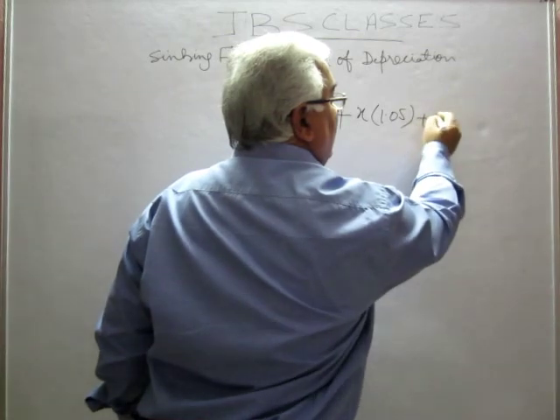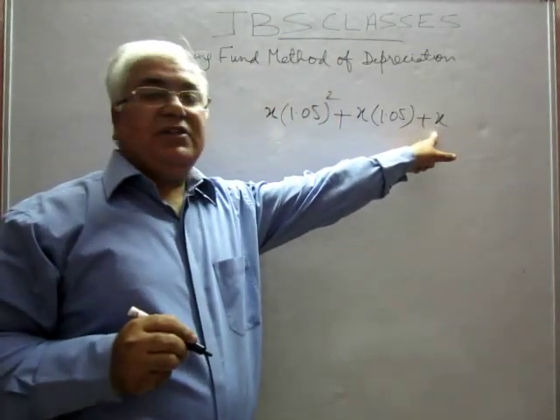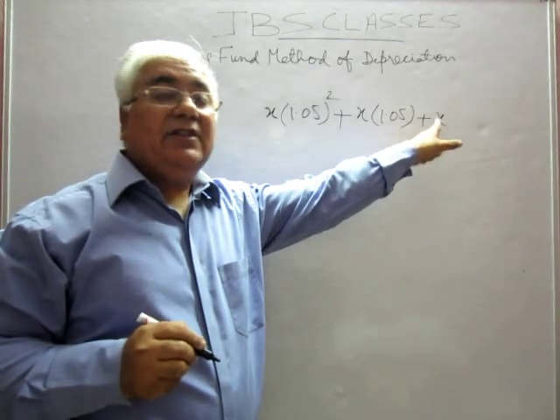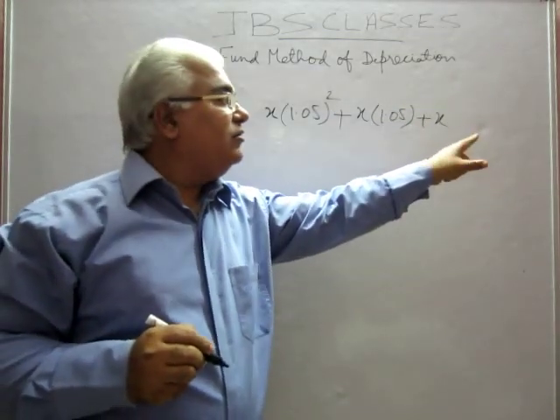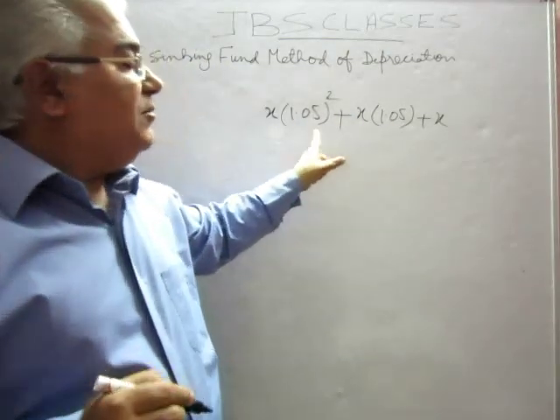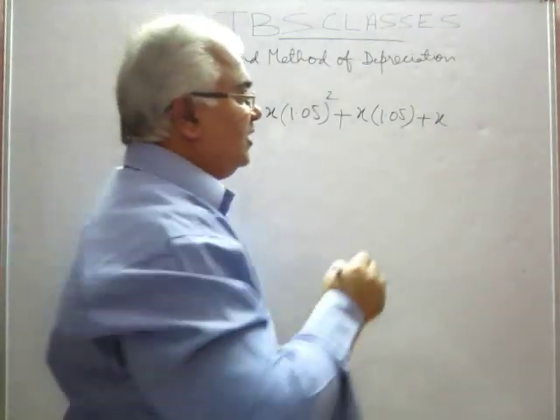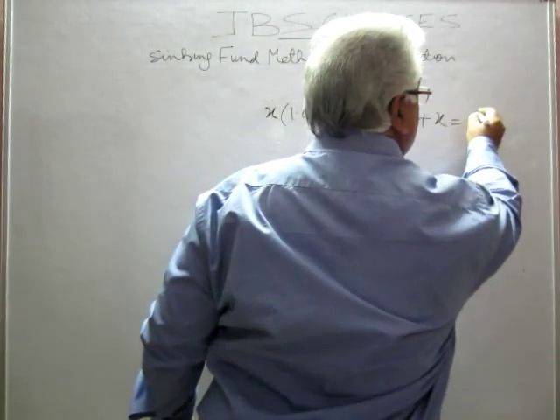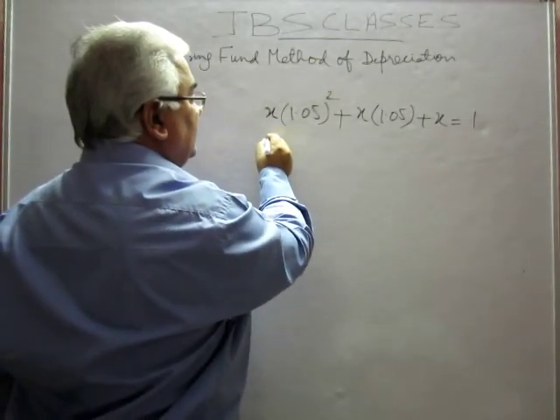And at the end of third year, if we charge depreciation X, this amount is not to be invested. Rather, these two securities have to be sold, plus this amount should be equal to ₹1. So this is the equation we get. So what shall be X?